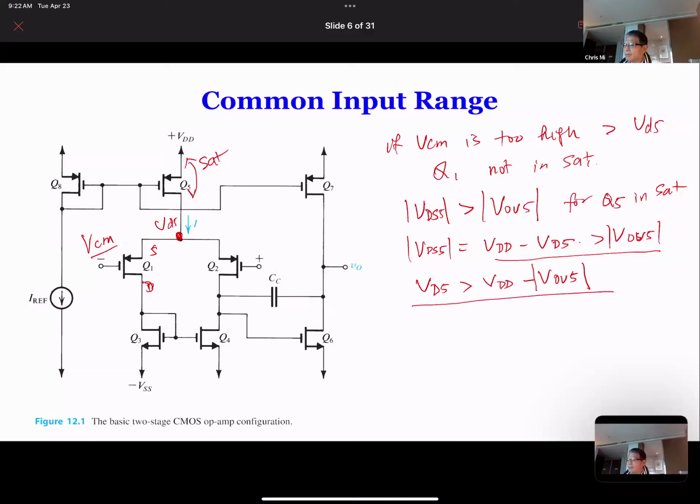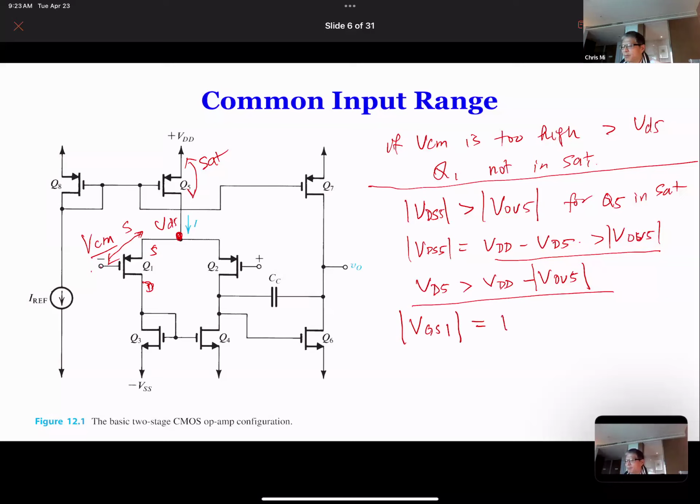But then we already said that Q1 also has to be in saturation. So if we look at Q1, between source and input, the voltage from its source to its gate can be expressed as VGS1. Let's use again absolute value.